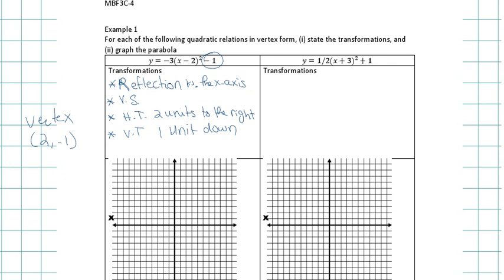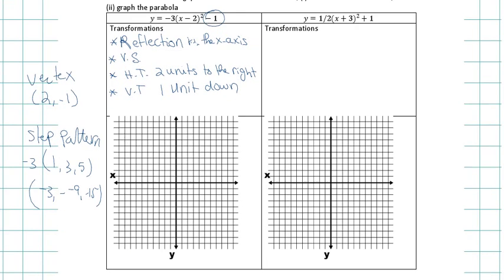All right. Step pattern? -3, -9, -15. So I'm going to take the 1, 3, 5, and I'm going to multiply them by -3, because that's what my A value is. So -3, -9, -15. Perfect.